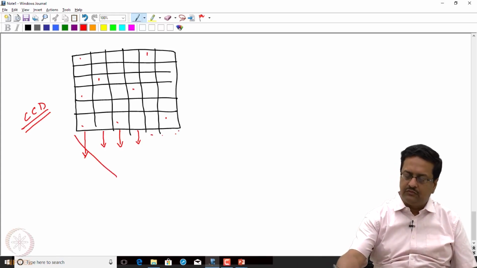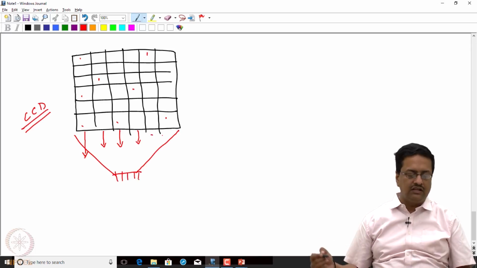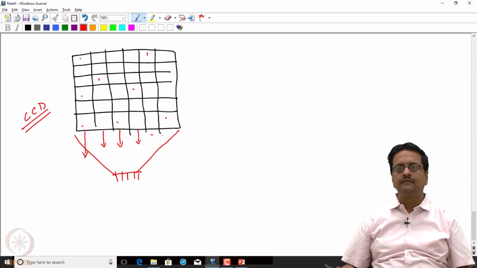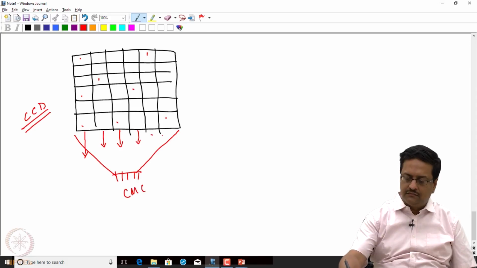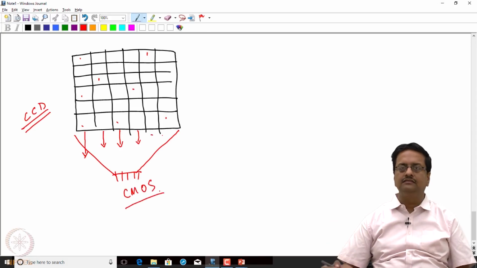So in case of CMOS, the entire readout is done simultaneously, and as a result the readout is much faster, and hence one prefers a CMOS detector over a CCD detector today.